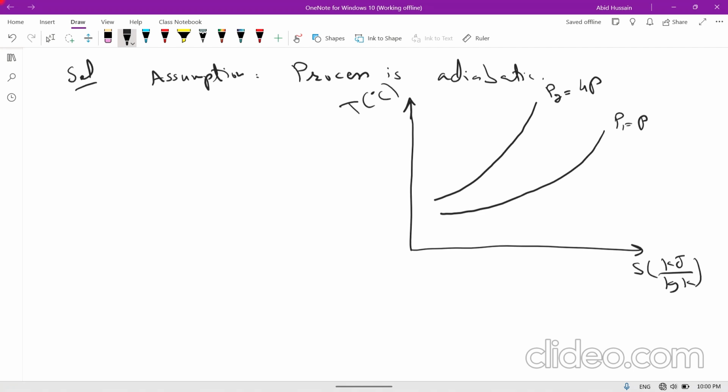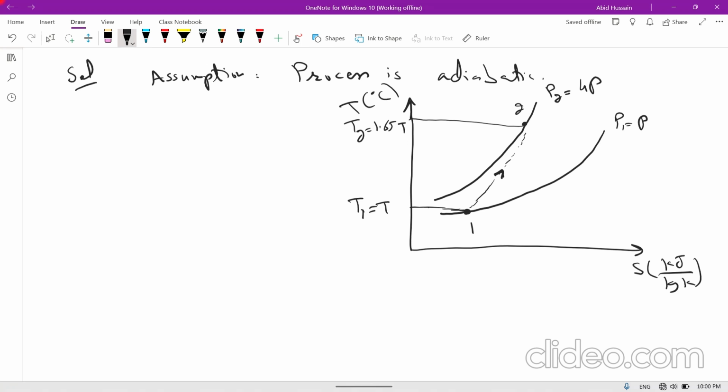And for temperature, T1 is equal to T. So this is temperature T2, T2 is equal to 1.65 times T1. So this is point 1 and this is point 2, the process from 1 to 2.